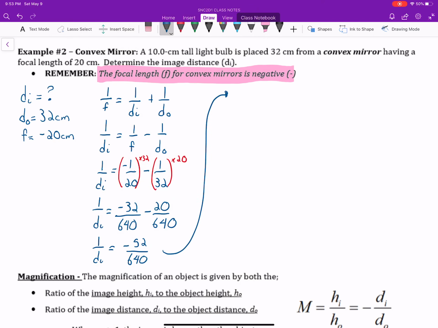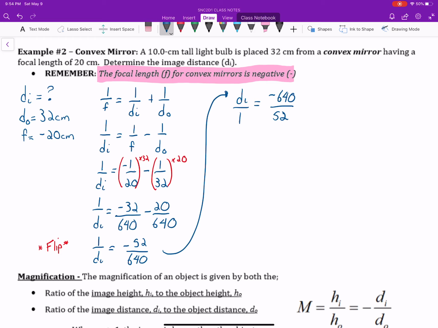So once again, we aren't worried about what 1 over di equals. We want to know what di equals. So all we're going to do is flip both of these fractions. Because the fractions are equal, we can flip both sides. So if 1 over di equals negative 52 over 640, then di over 1 is equal to negative 640 divided by 52.